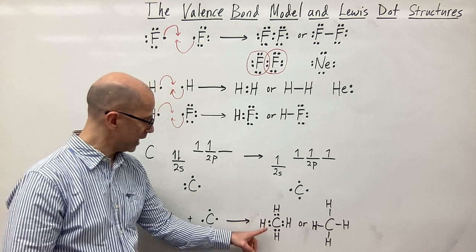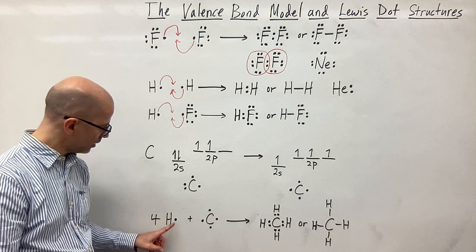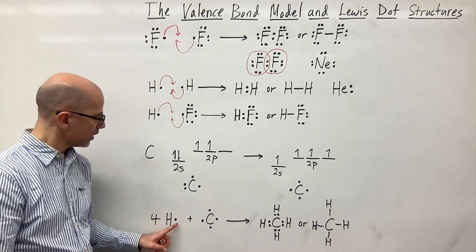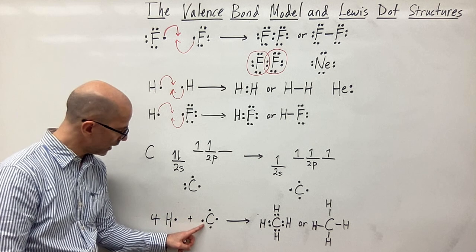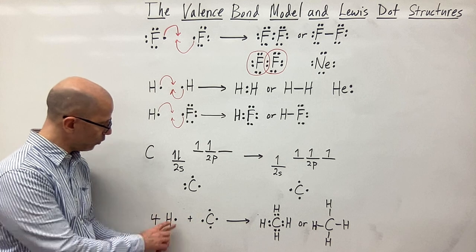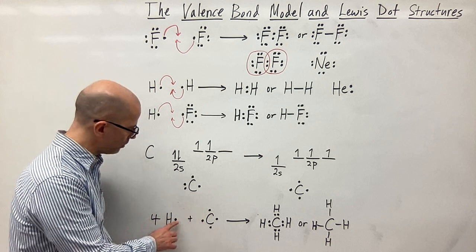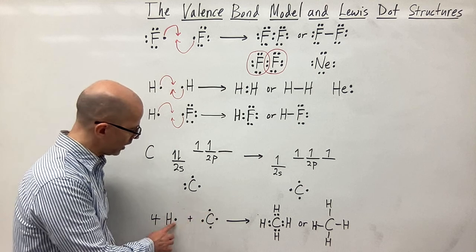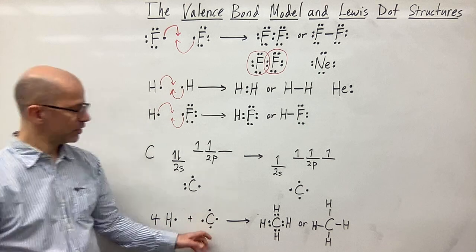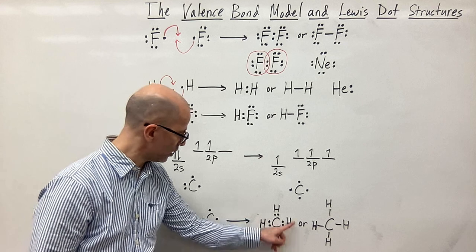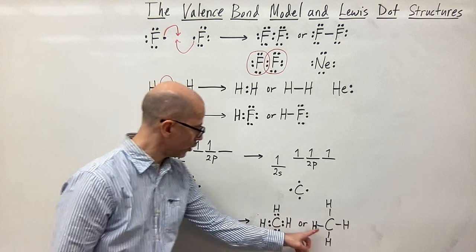So you see that here. The unpaired electron on each hydrogen will pair up with each of the unpaired electrons in the carbon. And so you get this structure here for methane, or you could write it with the line.